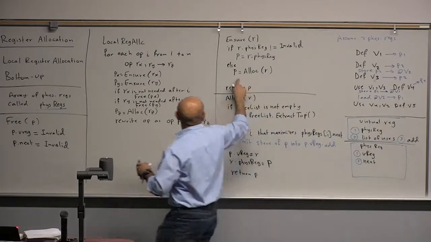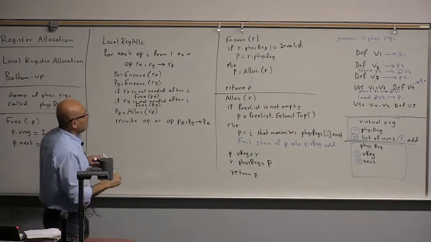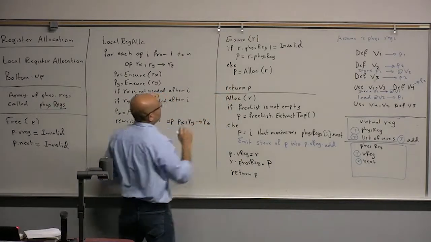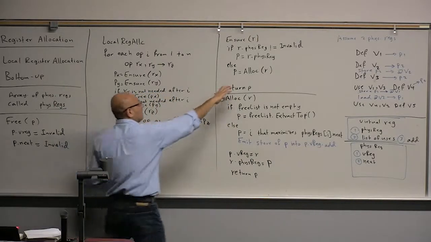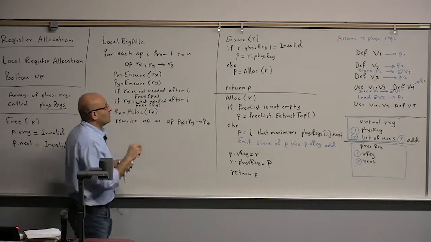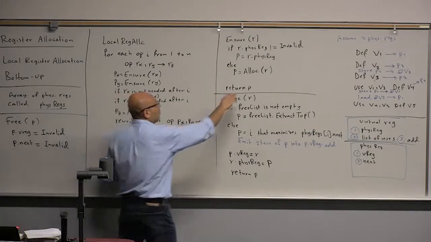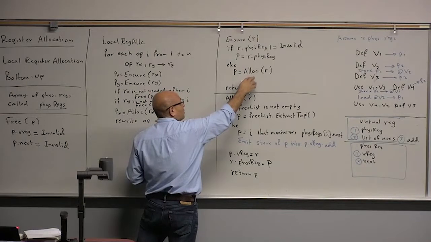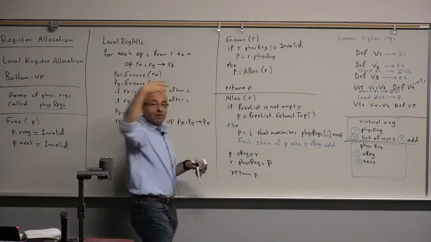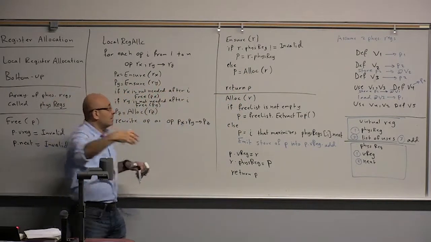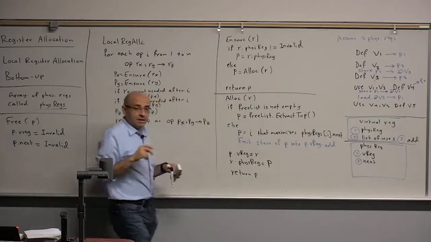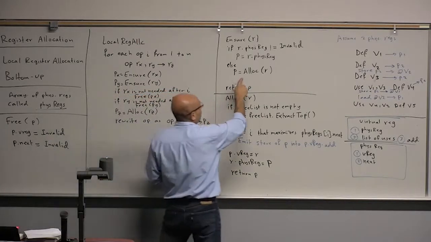And this load should come from here. So basically when you allocate, and this should be only under the else, right? If it's already in a register, we don't need to issue any instruction. But if we took a register for it, so if we preempted another virtual register and took their physical register, then we need to do the load here.